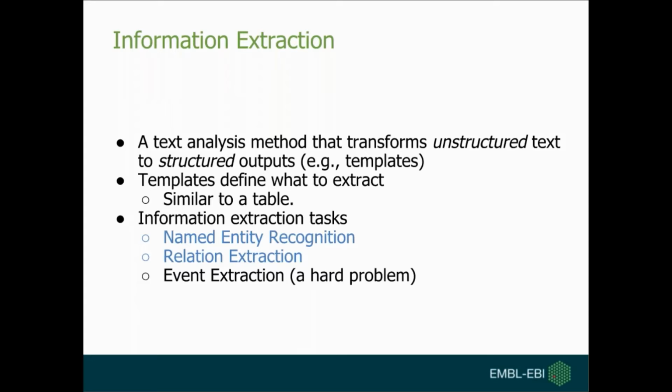Information extraction consists of three tasks: named entity recognition, relation extraction, and event extraction, which is the most complex and hardest problem. In this presentation, we're going to focus only on the first two, named entity recognition and relation extraction.